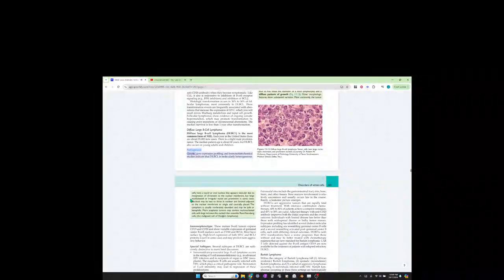Pathogenesis, genetic. Gene expression profiling and immunohistochemical studies indicate that DLBCL is molecularly heterogeneous. One frequent pathogenic event is dysregulation of BCL6, a DNA-binding zinc finger transcriptional repressor that is required for the formation of normal germinal centers.